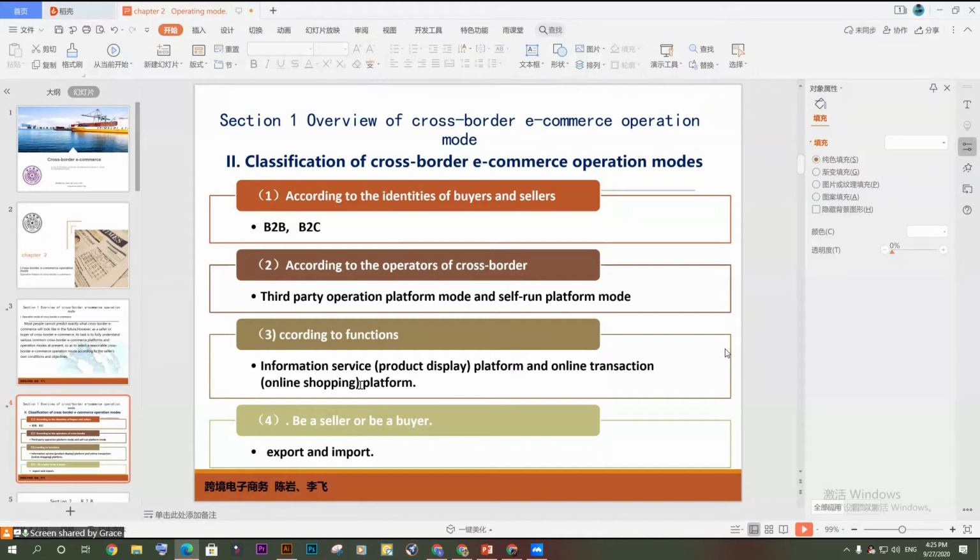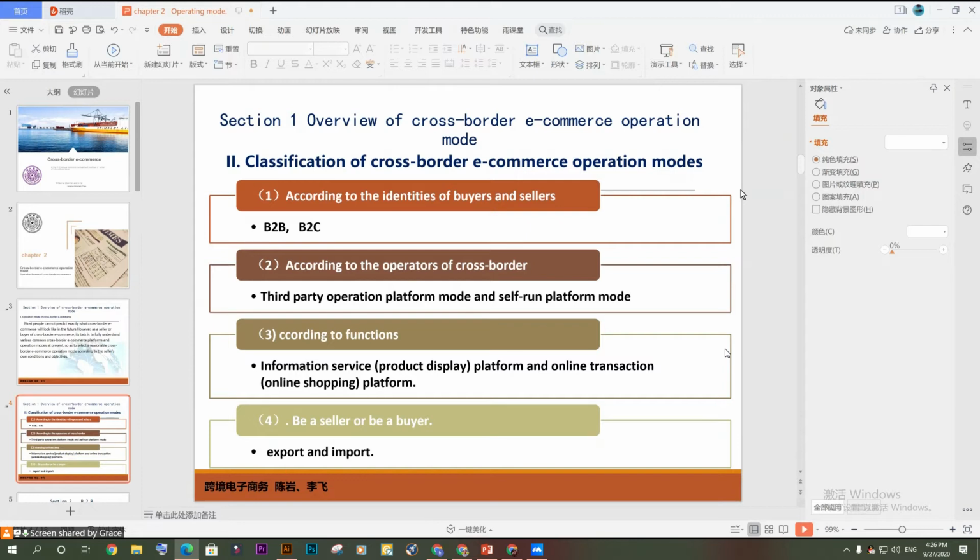That means the platform has the function to achieve online transactions, not only product display, not only displaying your products, but also the consumers will buy online. So these are the different functions of the platforms. And at the same time, it also means different operation modes.